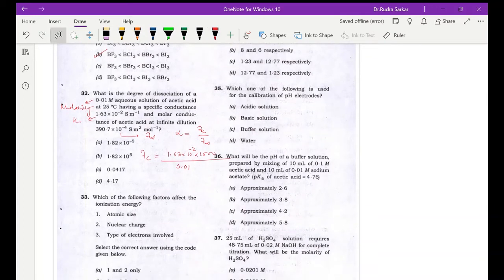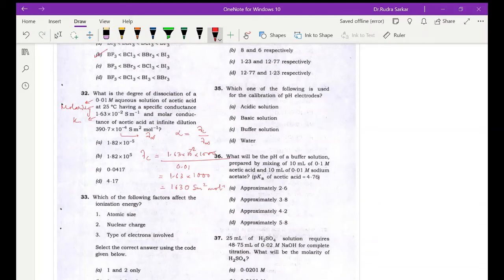That gets cancelled, so we will say 1.63 into 1000. So that is 163, and that is what we are getting, in S meter square mole inverse.